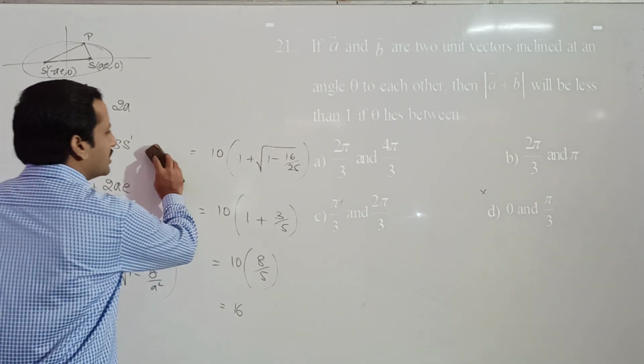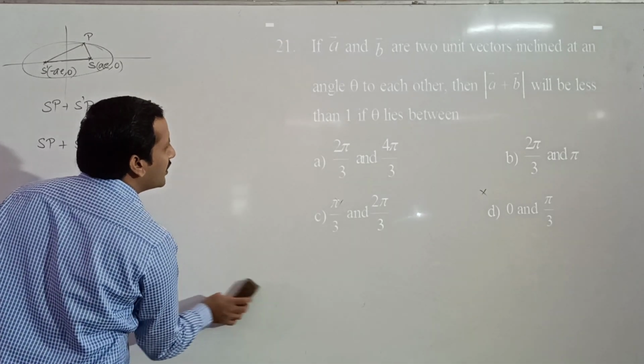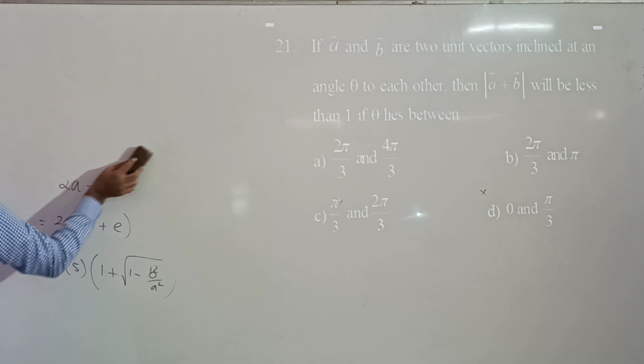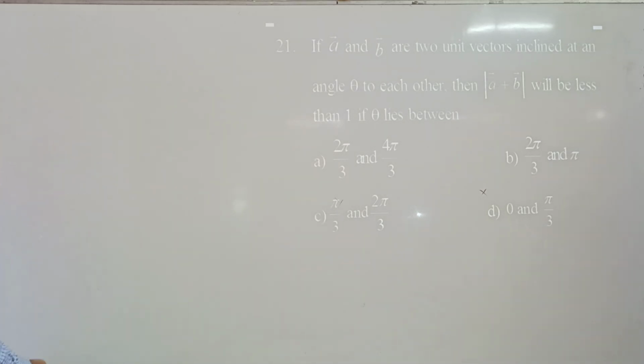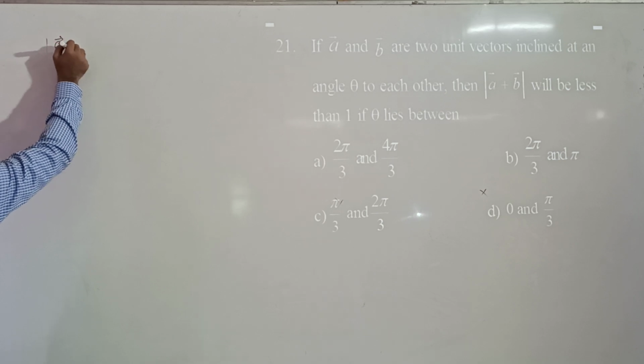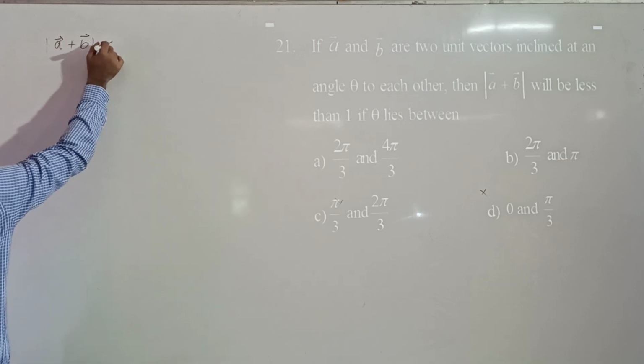Okay. 21st question. If A bar and B bar are two unit vectors inclined at an angle theta to each other, then magnitude of A plus B will be less than 1 if theta lies in. Magnitude of A plus B is less than 1.